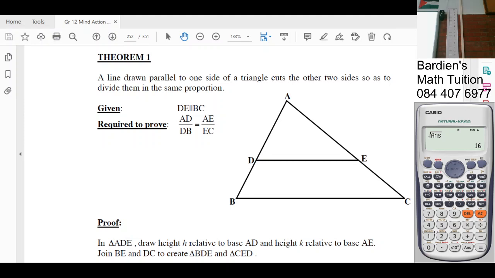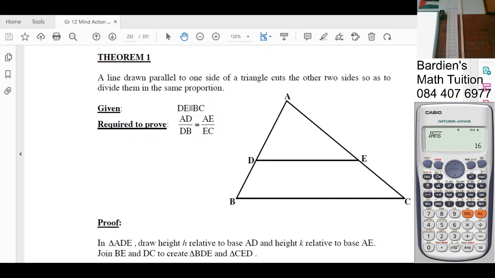So you say therefore the area of triangle ADE over the area of triangle DEB is equal to the area of triangle AED over the area of triangle DEC.